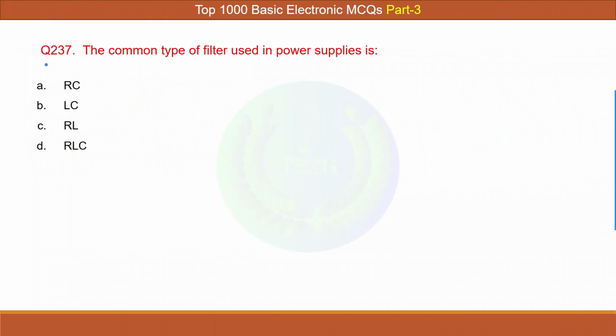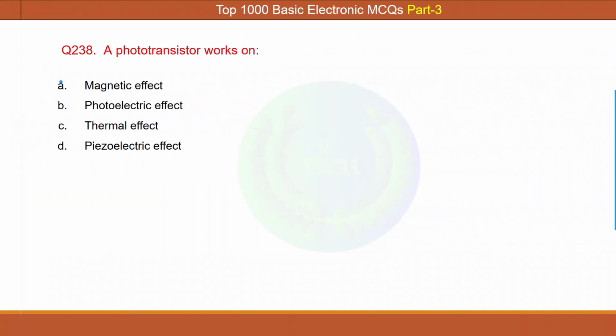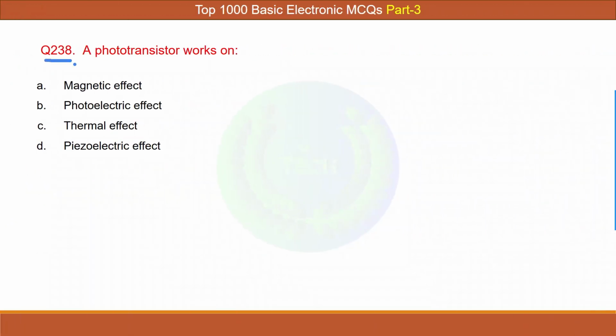Next question, question number 237. The common type of filter used in power supplies is option A RC, option B LC, option C RL, option D RLC. The answer is option A RC. Next question, question number 238.